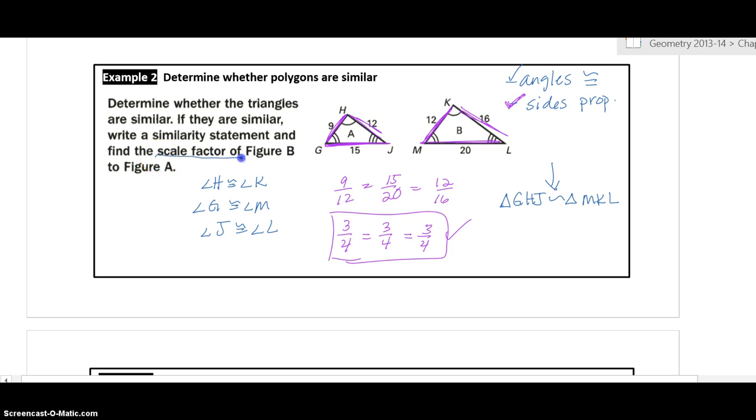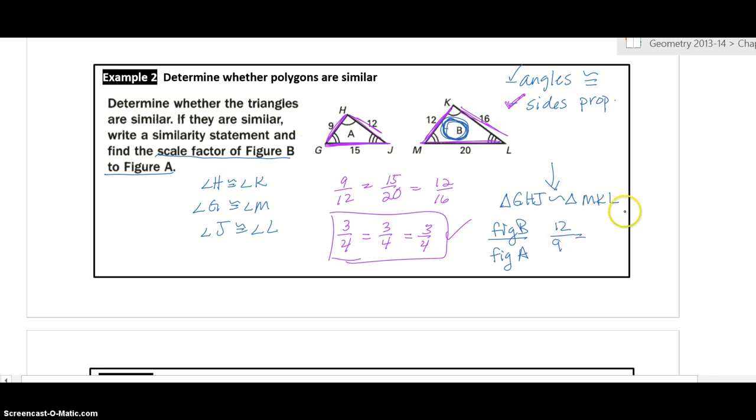Then it says, write the scale factor of figure B to figure A. Okay? Now, that is just the ratio between the sides. So you can pick any of the corresponding sides to use because they're all going to be equal. And if we pick a side in figure B, make sure you're doing it in the order that they ask. Figure B, I'm just going to pick the 12. That corresponds with 9.